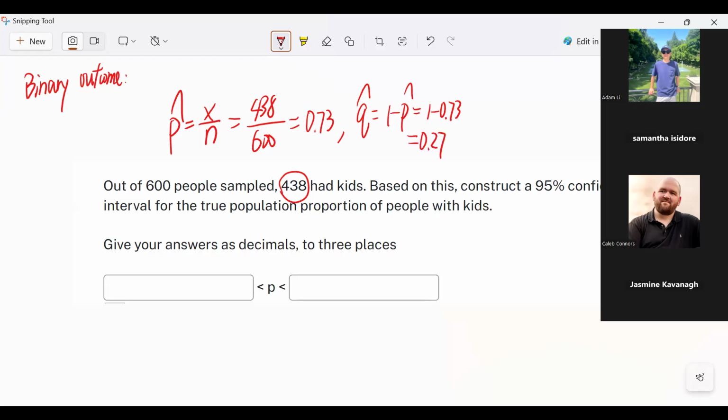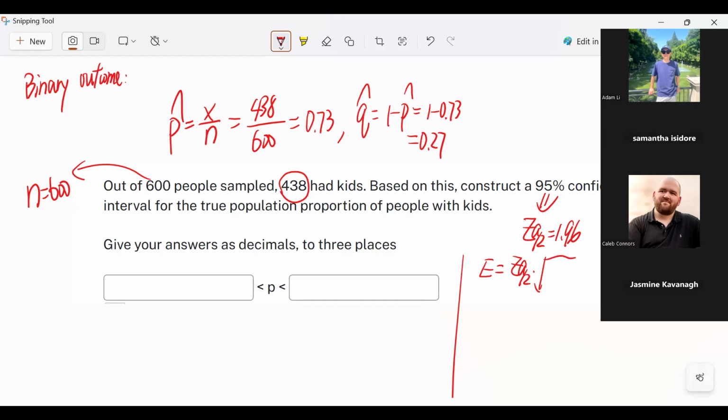And then for 95% confidence, the z-score is 1.96. First we find the margin error. Margin error equals the z-score times the square root of p-hat q-hat over the sample size.